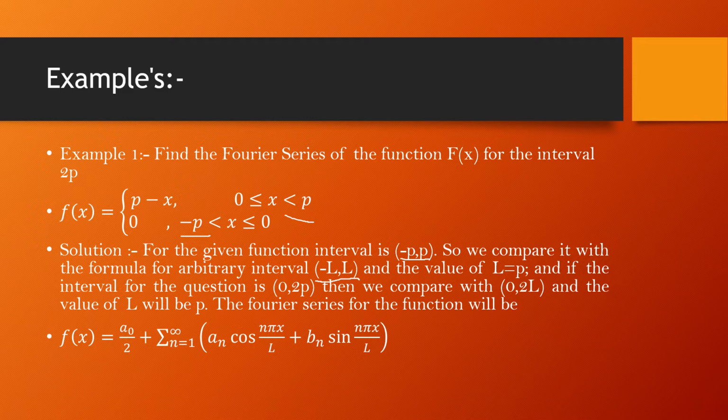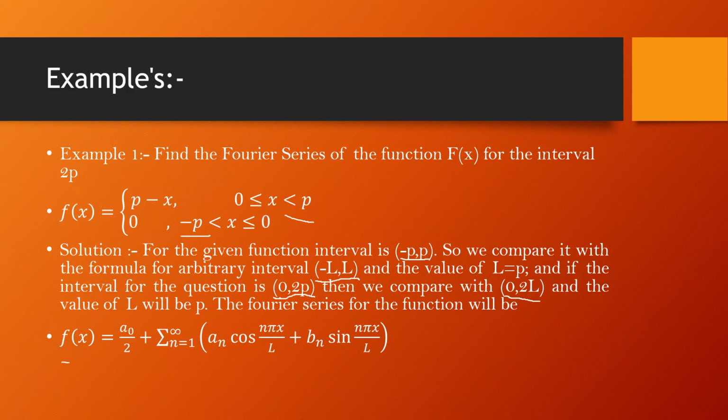If the problem is given in the interval 0 to 2p, then we compare it with 0 to 2L and the value of L will be p. Suppose the problem is for 0 to 4, then the value of capital L is equal to 2. Suppose the interval is from 0 to 6, then capital L has the value of 3.